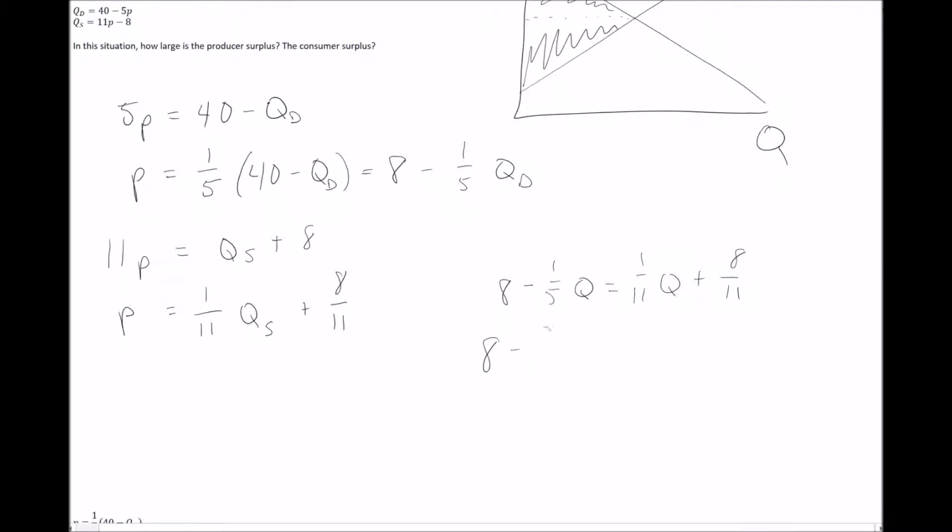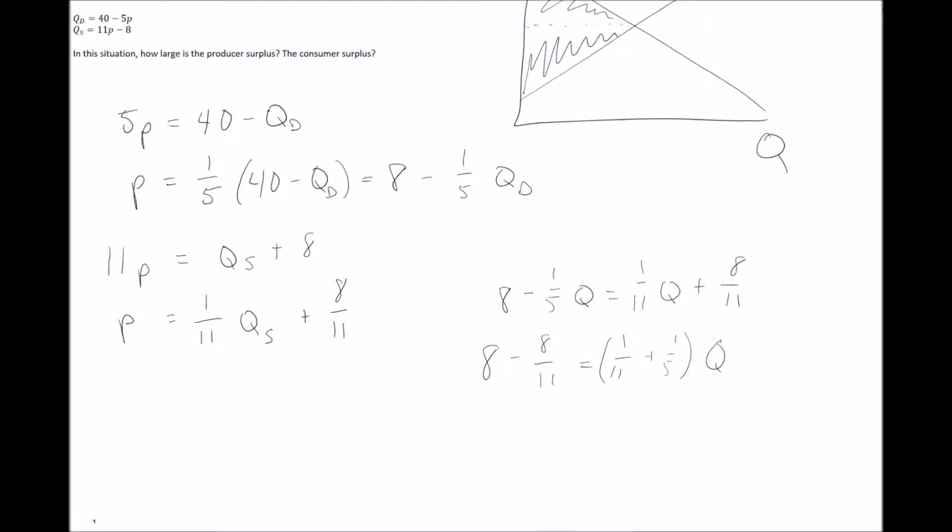So I get 8 minus 8/11 equals 1/11 plus 1/5 times the quantity. I am now going to simplify all of these fractions. So I do the first subtraction and I get 7 3/11. And on the right hand side, I need to think about getting them under a common denominator.